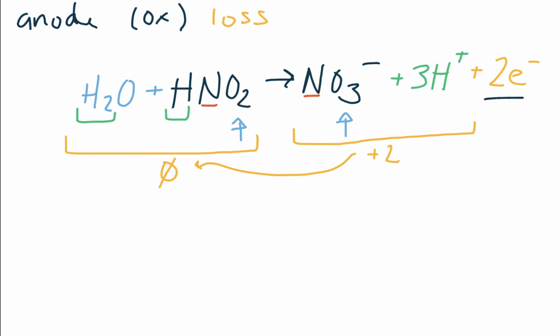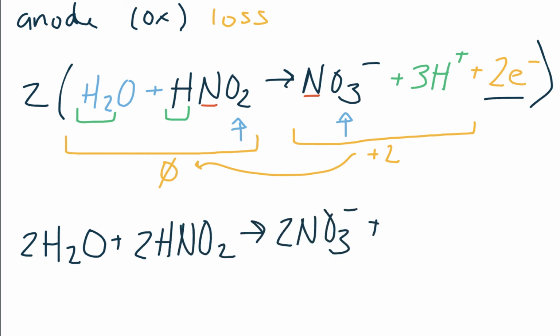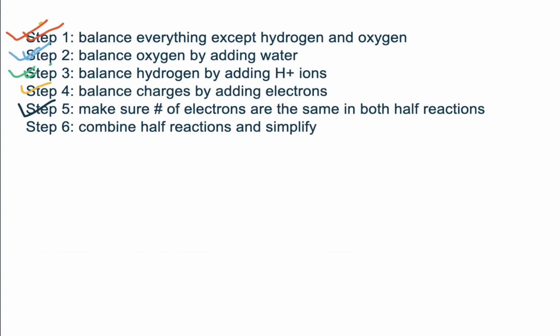This one can be easily fixed by just multiplying the anode by 2, which means we're going to multiply everything in there by 2. Okay, so now that our electrons are the same, we can go to the final step, which is combine our half reactions and simplify.